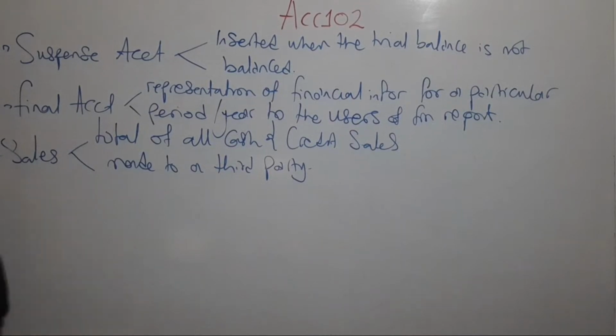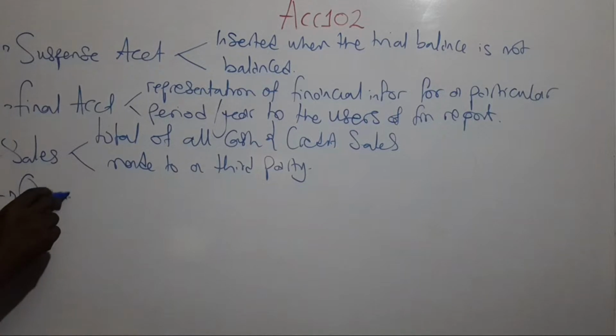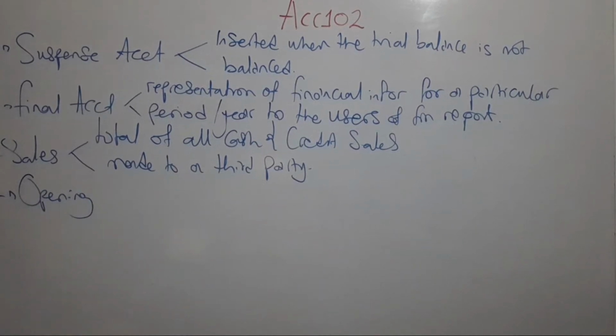The opening stock is said to be the value of stock of goods meant for sales that are available within the business at the beginning. That's what we call opening stocks.